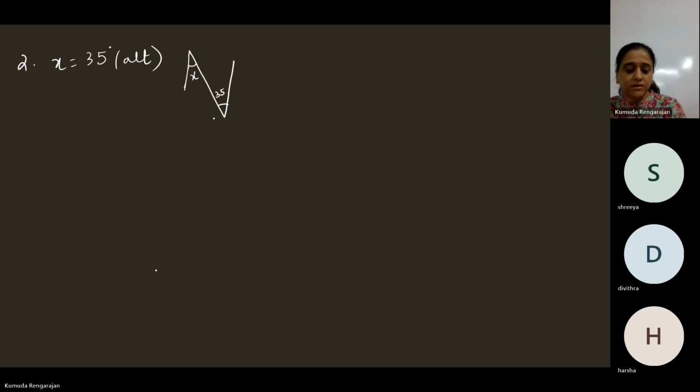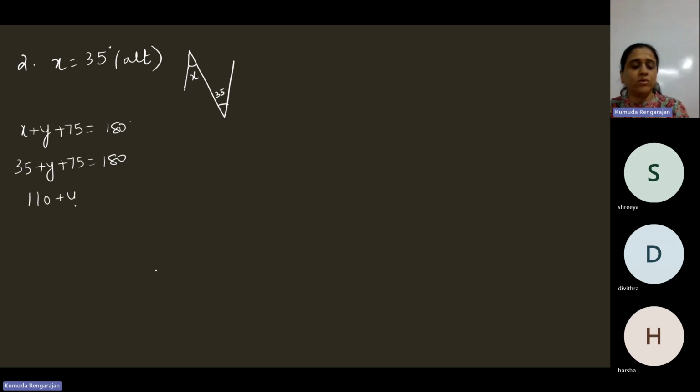Next, we need to find y. X plus y plus 75 is equal to 180. Sum of all the angles of a triangle is equal to 180 degrees. So 35 plus y plus 75 is equal to 180. 110 plus y is equal to 180. Y is equal to 180 minus 110, 70 degrees, right?